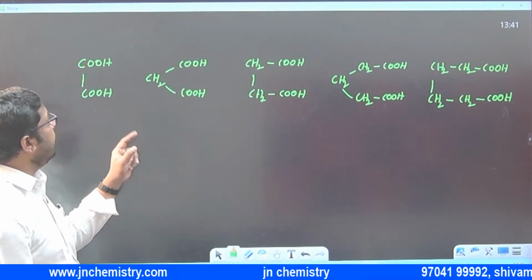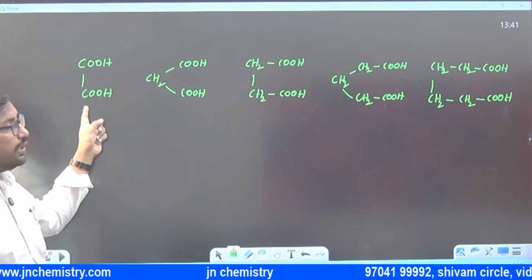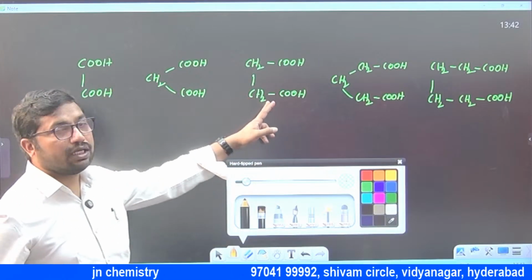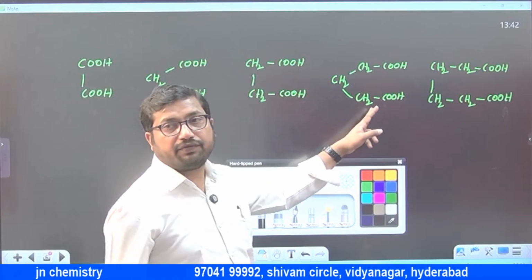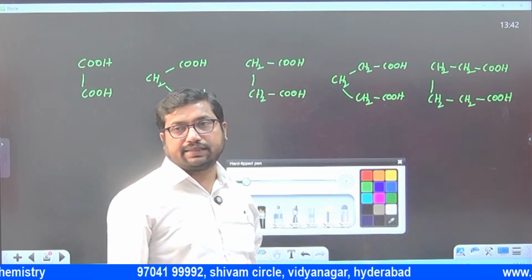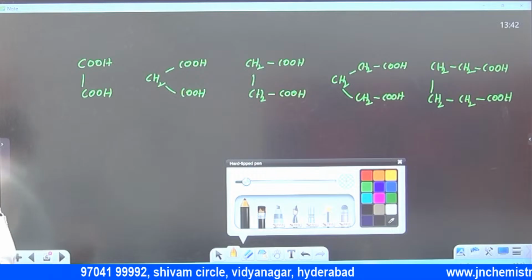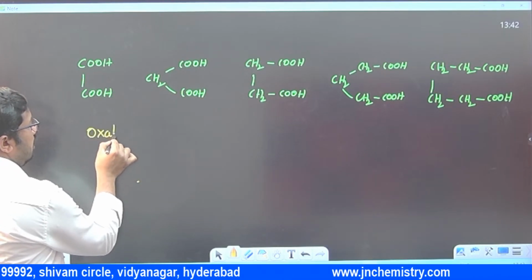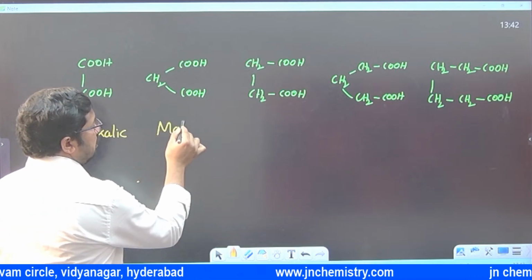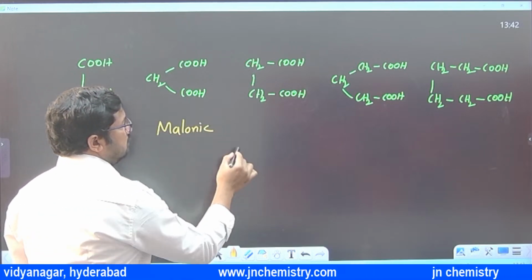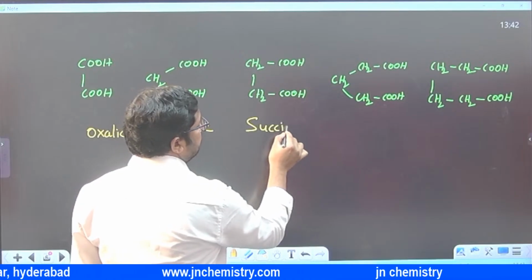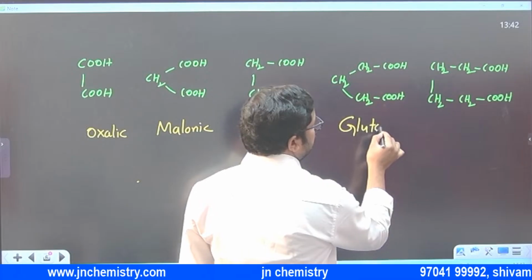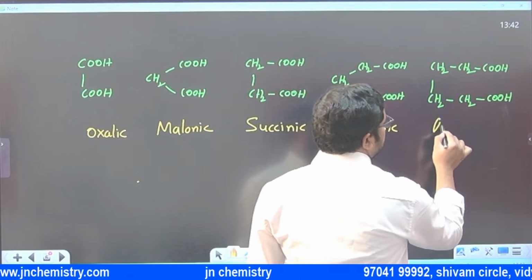So common names and IUPAC names: eth-1,2-dioic acid, prop-1,3-dioic acid, but-1,4-dioic acid, pent-1,5-dioic acid, hex-1,6-dioic acid. The common names are oxalic acid, malonic acid, succinic acid, glutaric acid, adipic acid.